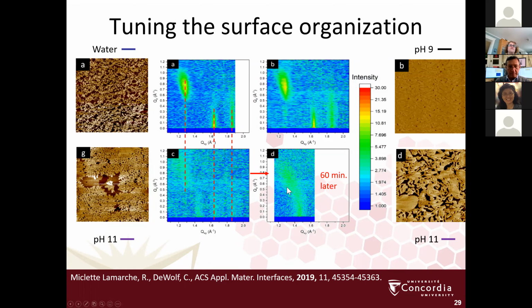And that's why you have this slow rearrangement as it progresses from one phase to another. So we have a transfer via dissolution from the domain edges, for which we have some AFM evidence, a solution-mediated polymorphic phase transition, potentially via this liquid expanded phase that is present.